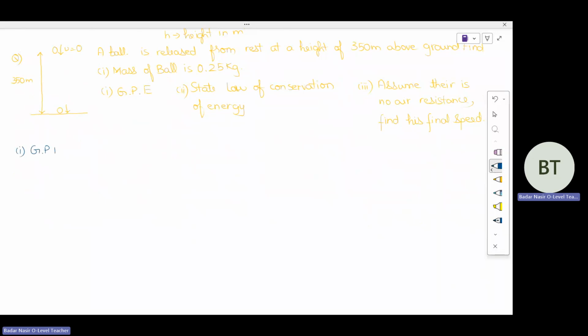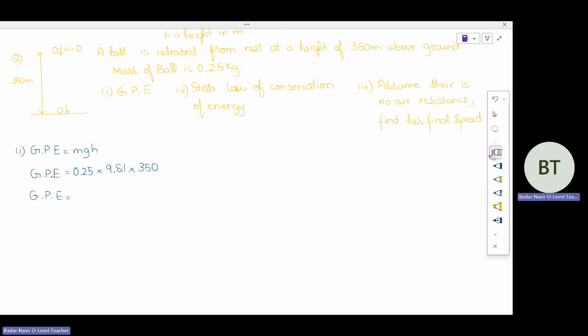So the formula for gravitational potential energy is mgh. Now the mass is 0.25 and the gravitational acceleration is 9.81 and the height is 350. Now tell me what value this comes to. Sir, here we have to find the mass? Mass is given. Okay, the mass is given to us.